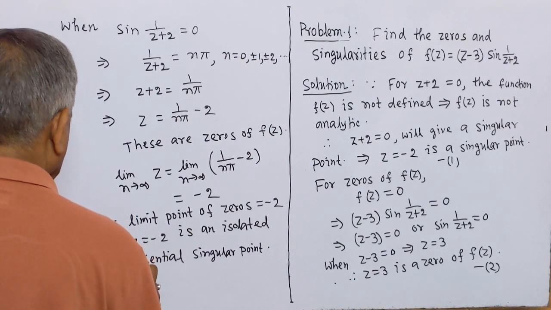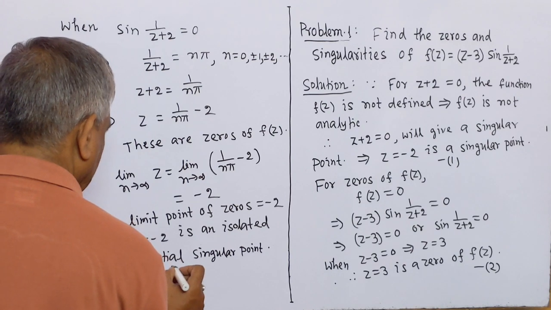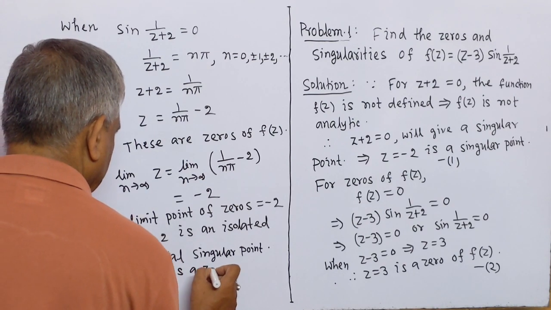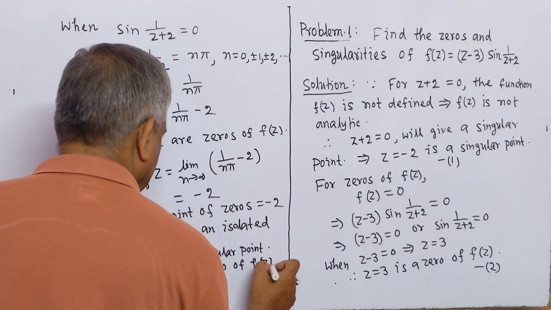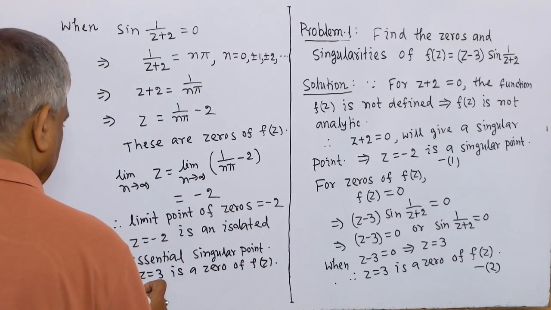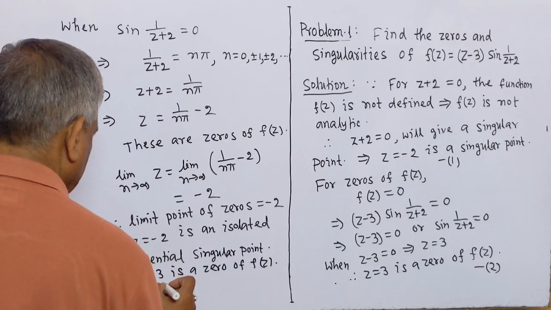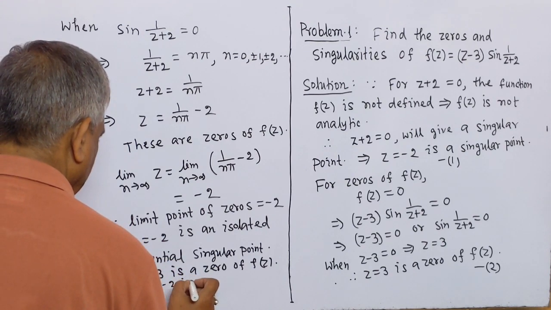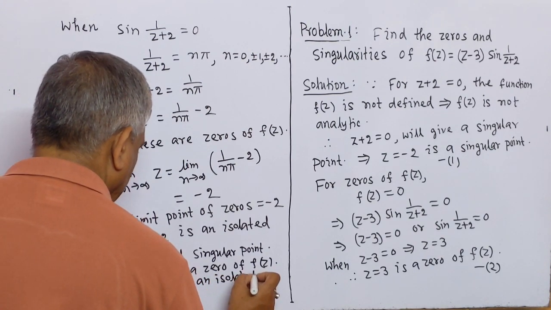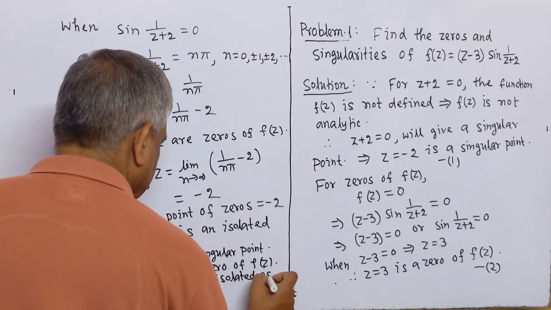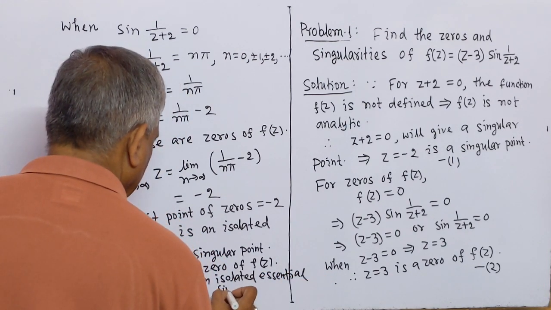Therefore, number 1, z = 3 is a zero of f(z). Number 2, z = -2 is an isolated essential singular point.